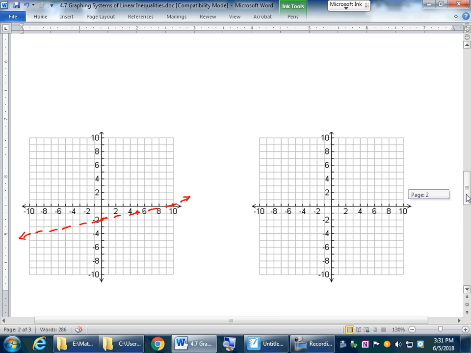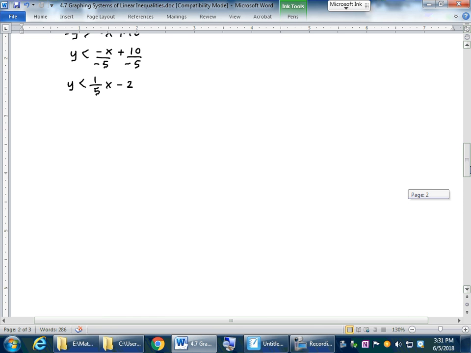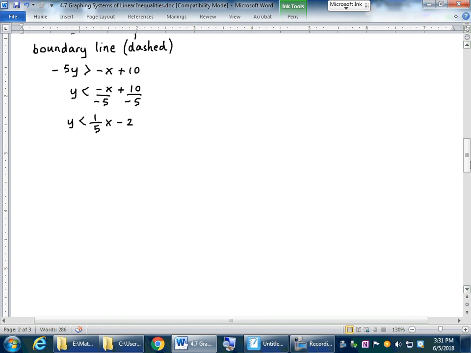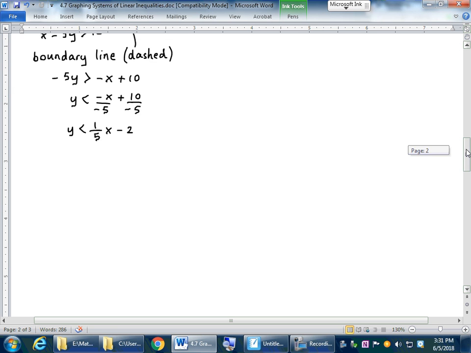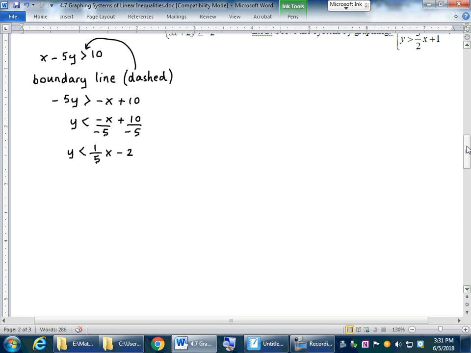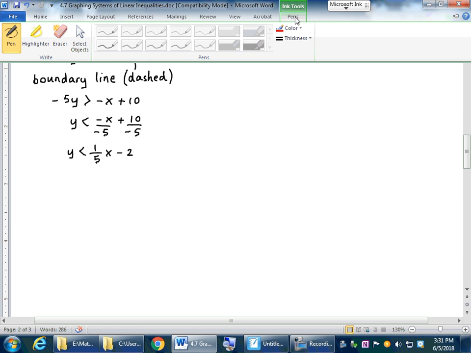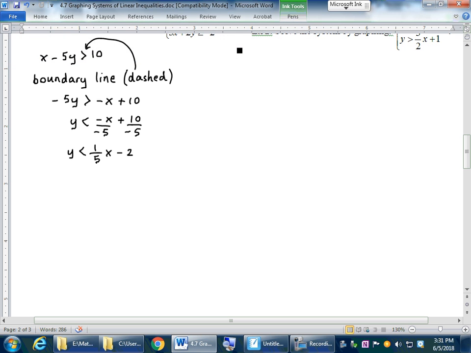Now the next step is testing a point to find out which side is the solution. You already saw that (0, 0) is a possible point to test. So we would test (0, 0) and plug it into the original inequality. 0 minus 5 times 0 is greater than 10.